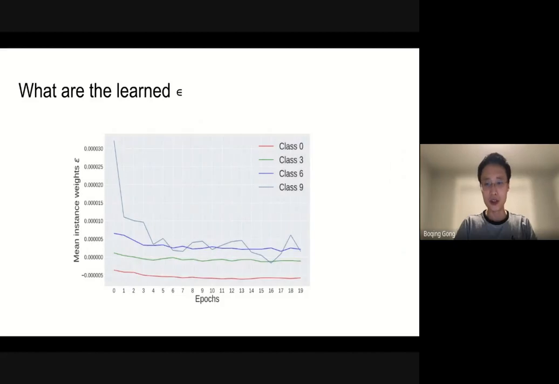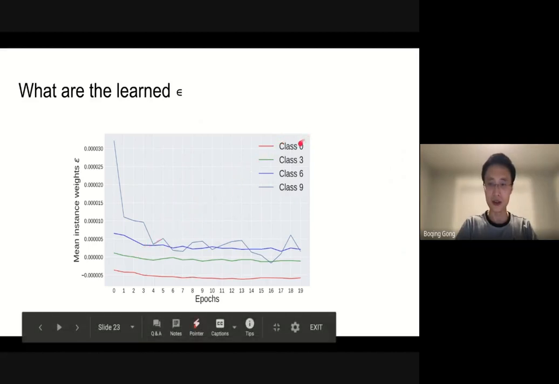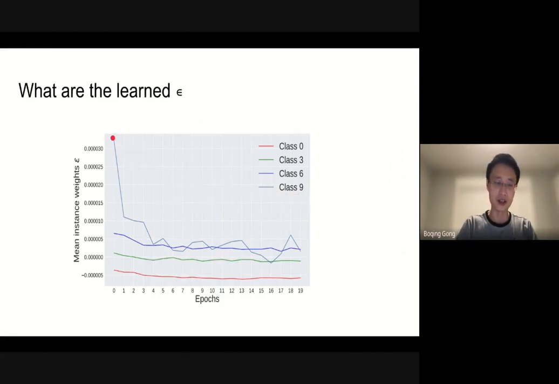A little bit detailed analysis tells that for the head classes, like class 0, class 3, the weights we learn for each training image are very small. But for the tail classes, like class 9, and you can see here, they are pretty big. Meaning that indeed our analysis makes sense.